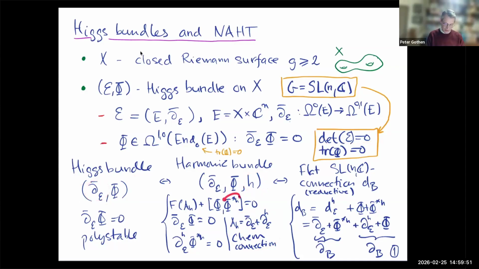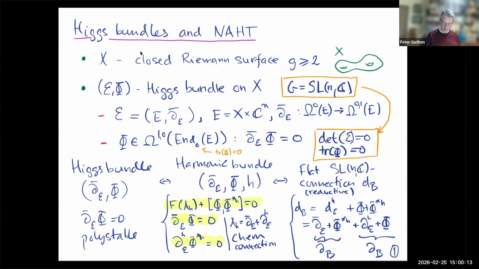We can take the adjoint of the Higgs field with respect to the metric. So this is a metric on the bundle E, and then the condition that this metric be harmonic is exactly that we get a solution to this famous Hitchin equation. We still have the holomorphic condition and this auxiliary condition. Okay, so that's like half the non-abelian Hodge theorem.